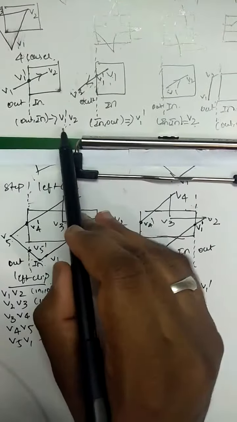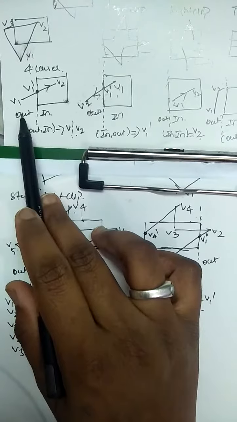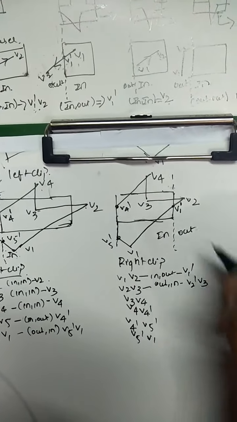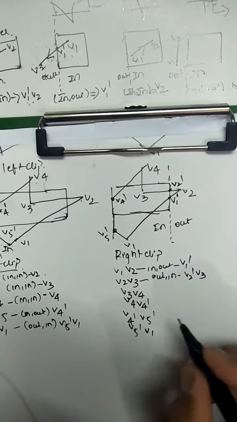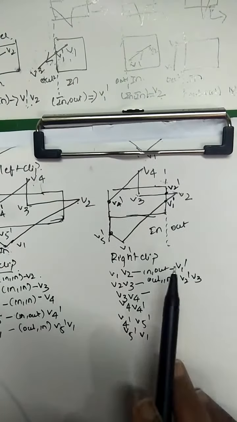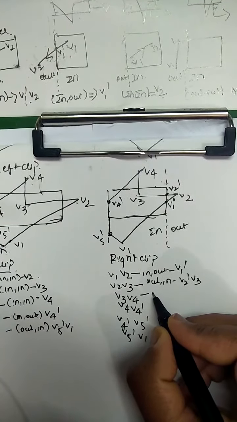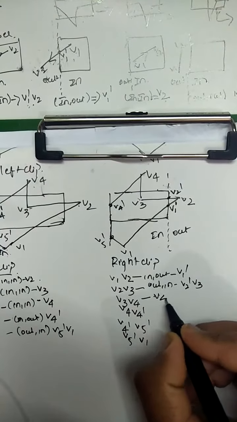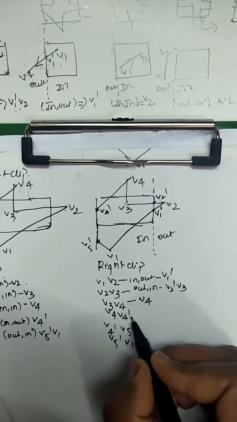If it is out to in, then the first vertex intermediate and second vertex we have to take, that is v2 dash and v3. So it will be here, v2 dash and v3. v3, v4, it is falling inside this, so it will be v4. That is, if it is in and in, I have to take the second vertex.